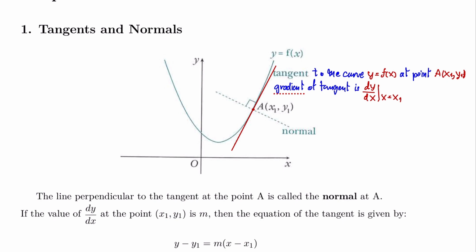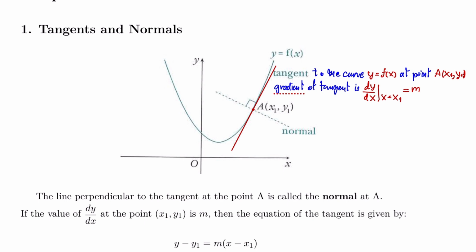So we have to plug x equal to x1 into dy/dx and calculate it so that it turns out to be the gradient. Suppose that the gradient of the tangent is just a constant. Let's say it is m. This is a tangent.